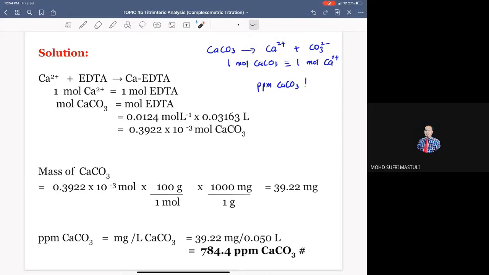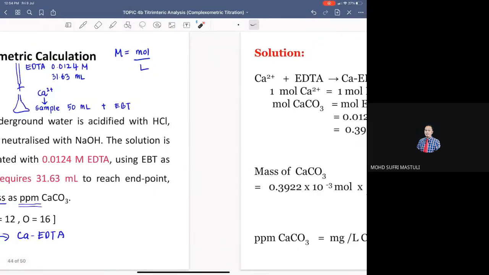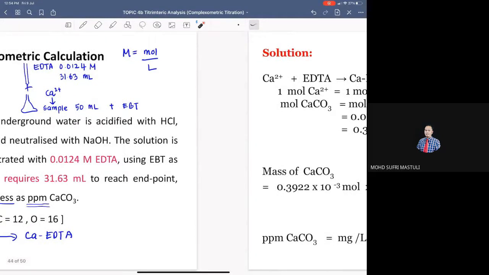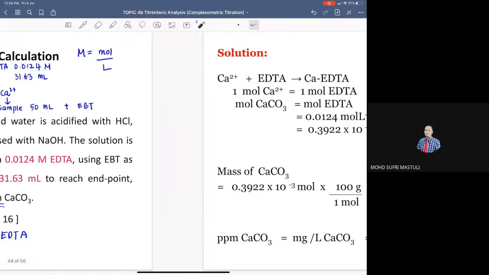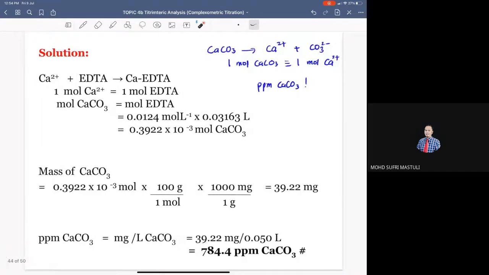The information given for the EDTA is the 0.0124 molarity and 31.63 ml.